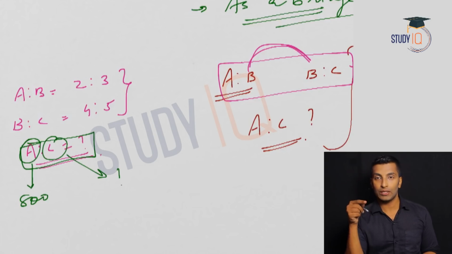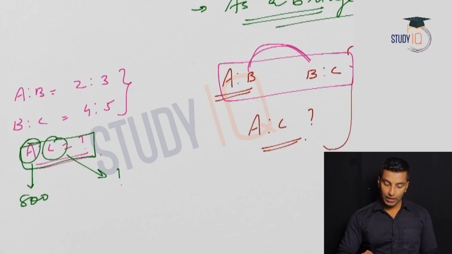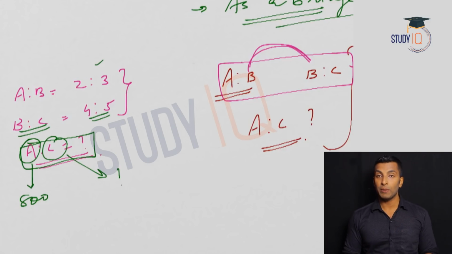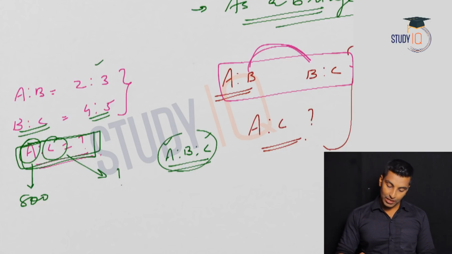So I hope you understood this question. The ratio of A salary and B salary is given 2:3, and then the ratio of B and C is given 4:5. Then the question is, if the salary of A is 800, what will be the salary of C? So basically you need to find the ratio of A and C, or you need to find A is to B is to C. Then from that you know A, so you can get C. This is the idea.